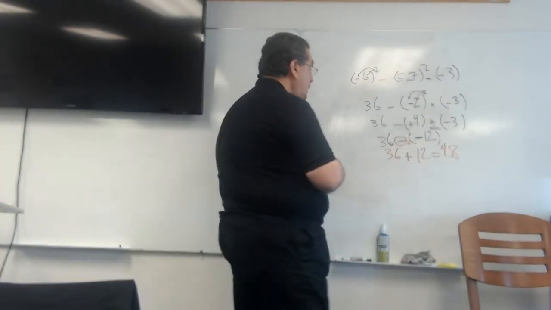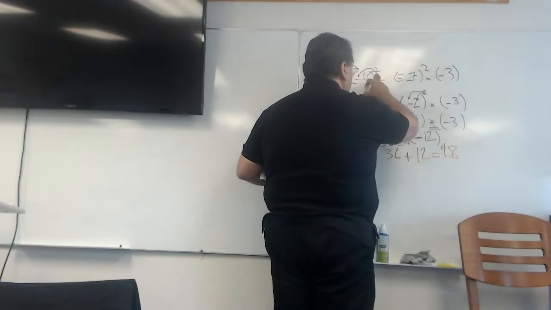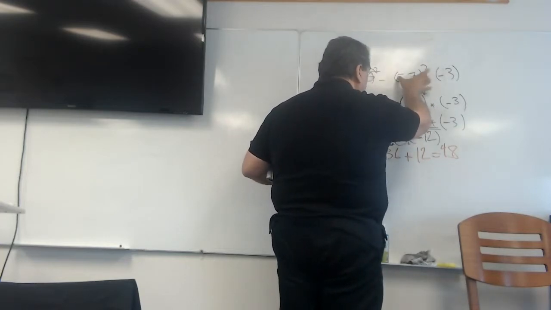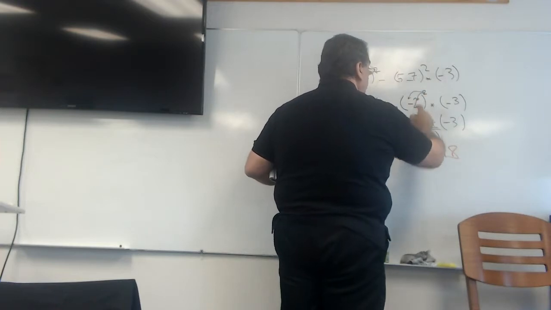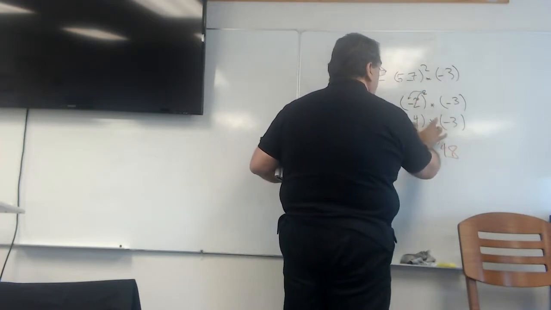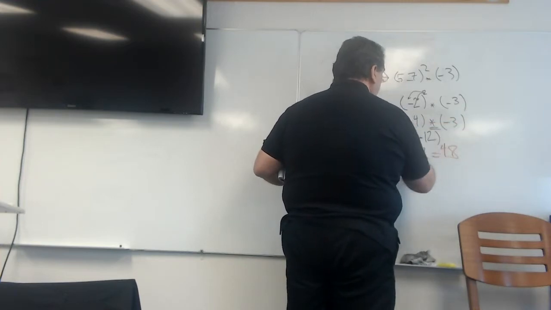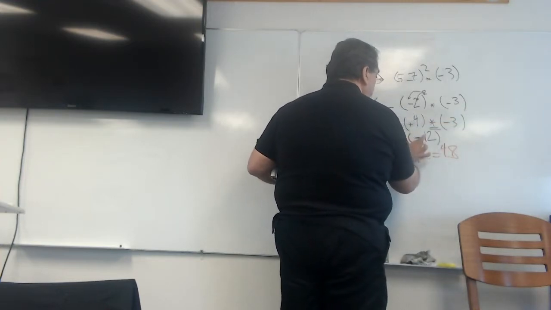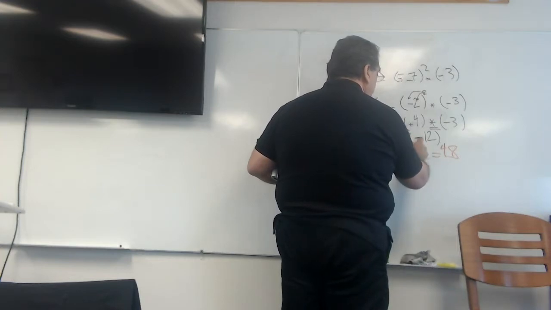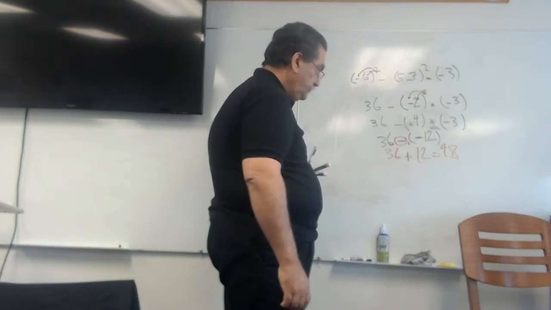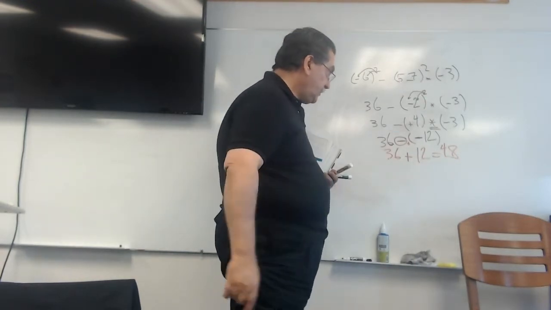So notice we started from inside the parentheses, then we did the exponent, then we did the multiplication. Remember when you have a minus behind the parentheses with no sign, it means positive.